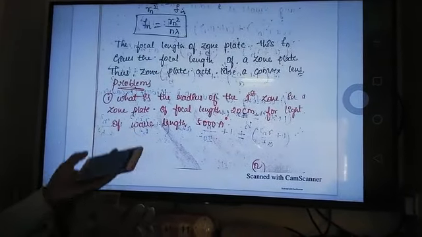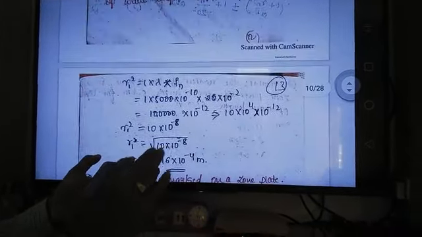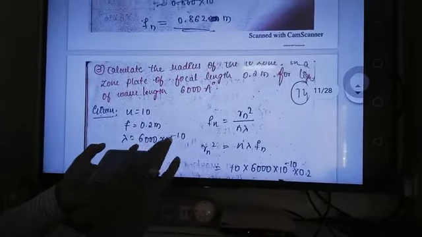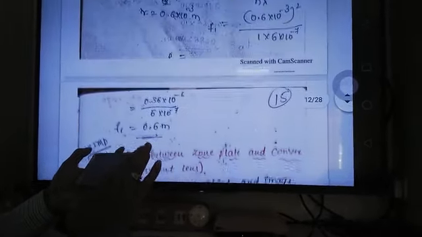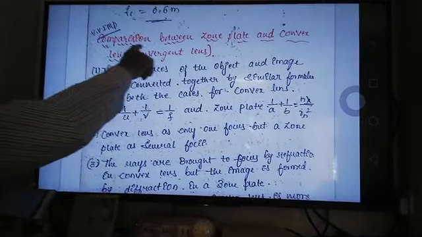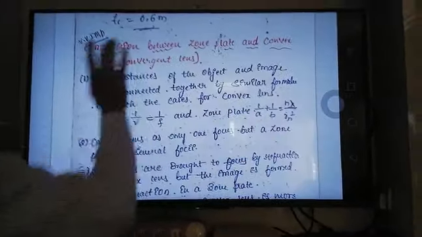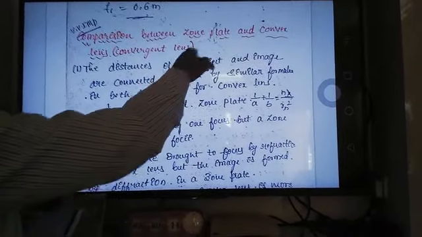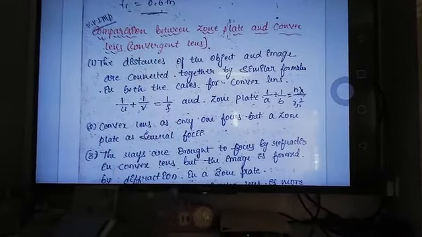So we have some problems: problem 1, problem 2, problem 3, problem 4. And this is very important: comparison between the zone plate and the convex lens. You can call it the convergent lens also.